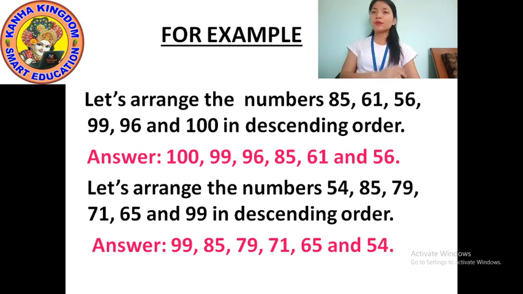I arrange the numbers 54, 85, 79, 71, 65 and 99 in descending order like 99, 85, 79, 71, 65 and 54. Okay student, so I hope from these two examples you learned how to arrange numbers in descending order.